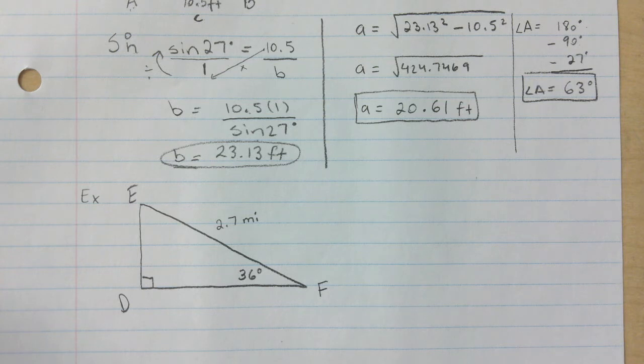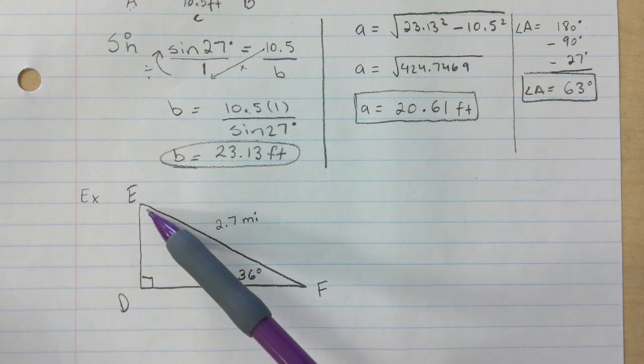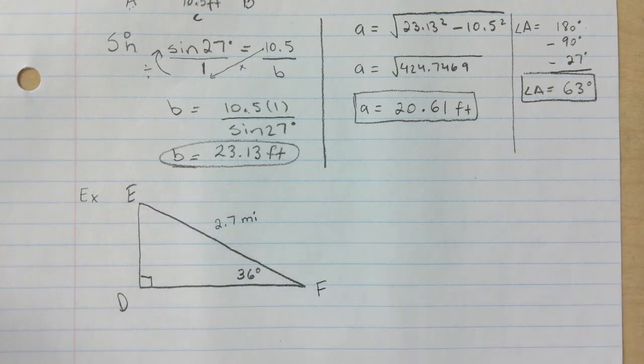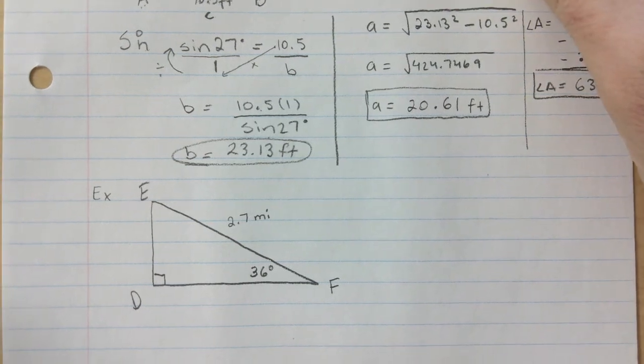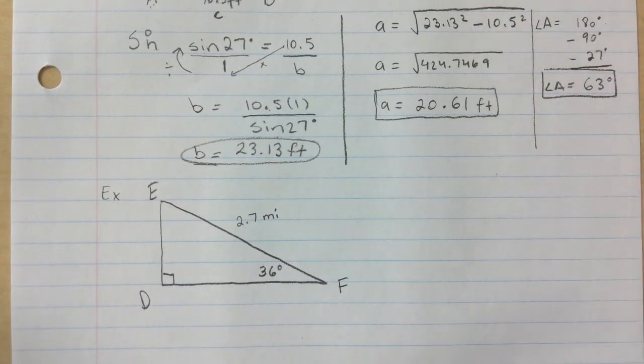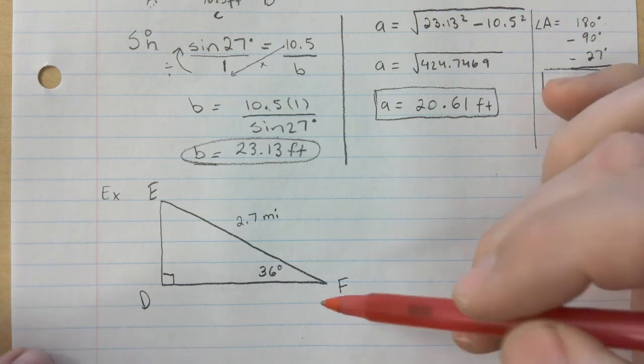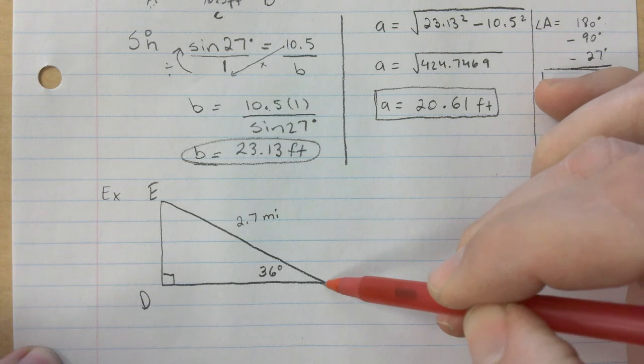Okay, and it basically means in this case finding two sides and then that one angle up here that is unknown, E, right? And you decide what you want to do first. But based on the angle being here at this corner, that's where you're situated.